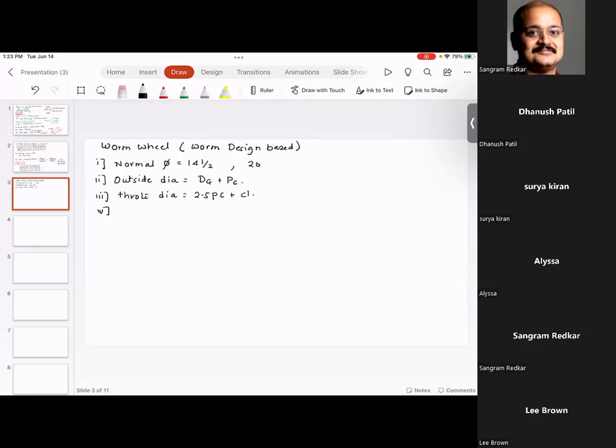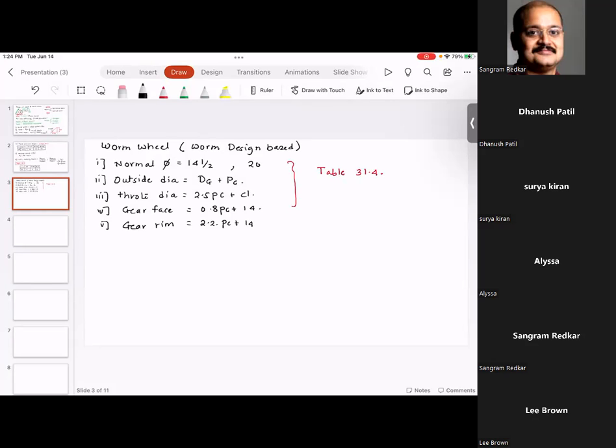And then you can have a gear face dimension, which is 0.8 pc plus some clearance. And then you can have a gear rim, which is 2.2 times pc plus some clearance. Overall, these proportions are given in table 31.4. If you have a textbook, take a quick look at this.